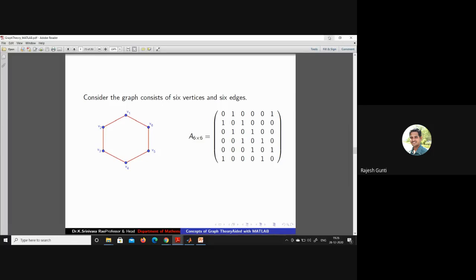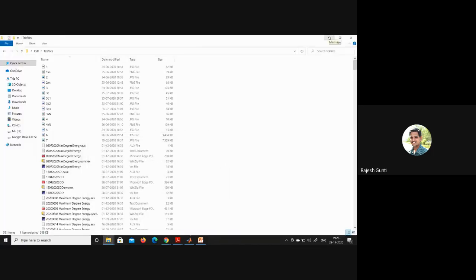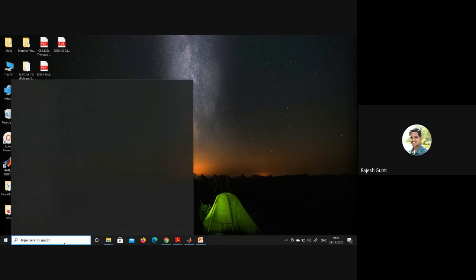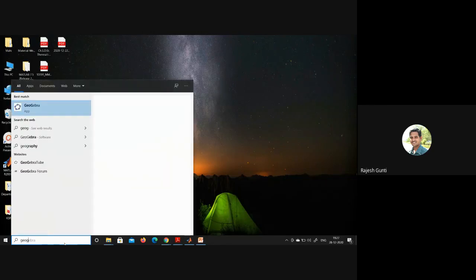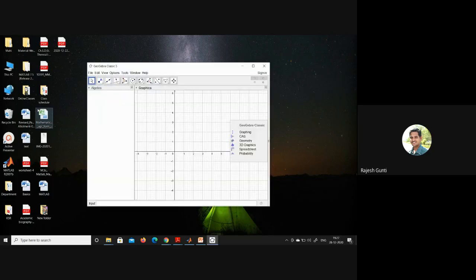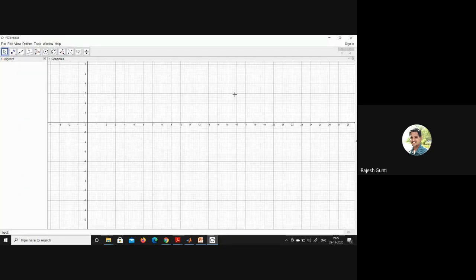There are many software packages available to draw diagrams, for example GeoGebra. I wouldn't suggest MATLAB to draw this type of diagram.